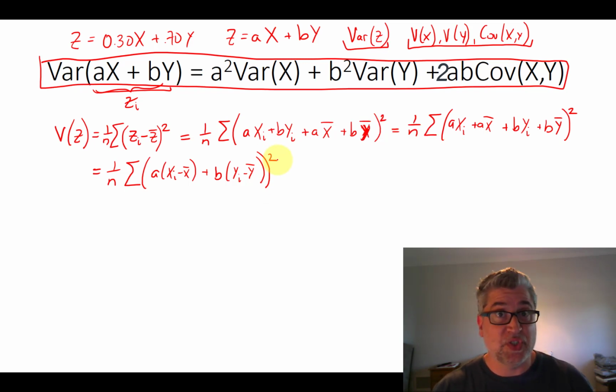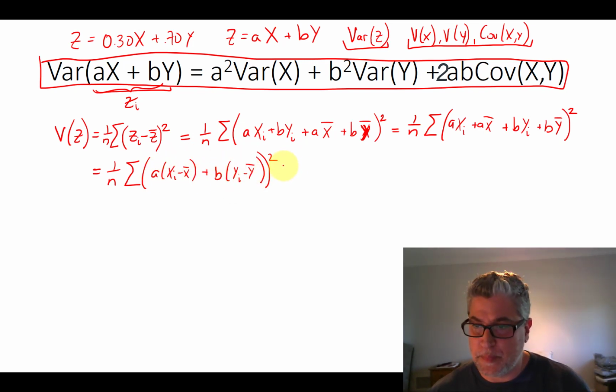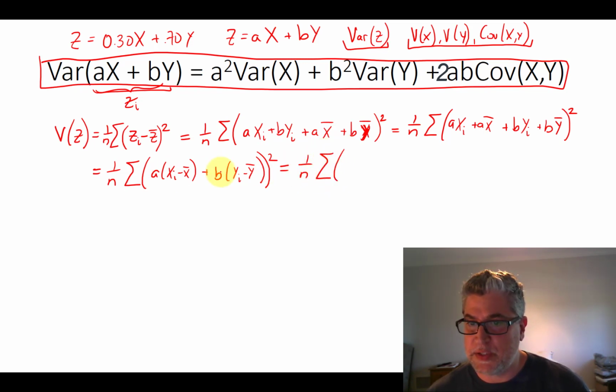Okay, so now it's time for us to square. Now, this is just FOILing, right? You're going to take this squared plus the other squared plus 2ab. So let's do that. We get a squared times xi minus x bar squared. So that's this first term squared. Then we're going to square the second term.